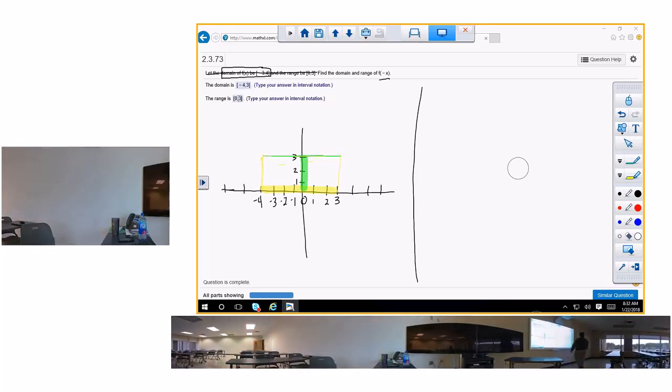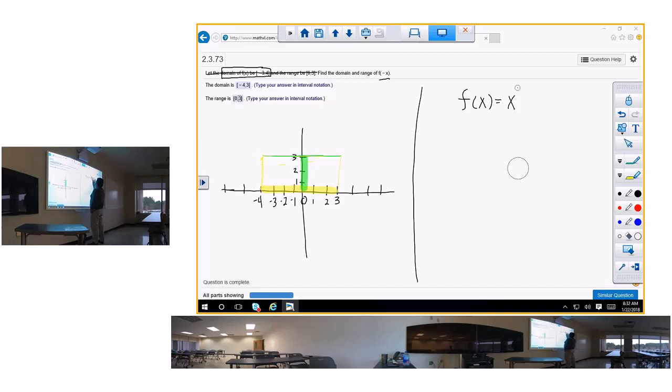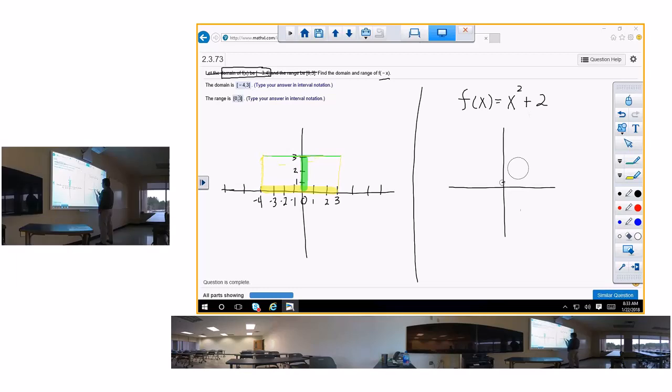Let's say f of x is equal to x squared plus 2. So that's going to be a parabola with a vertical shift of 2. Let me just go ahead and do this.